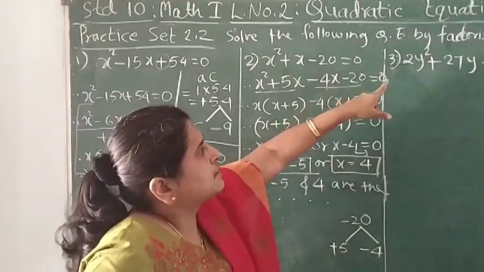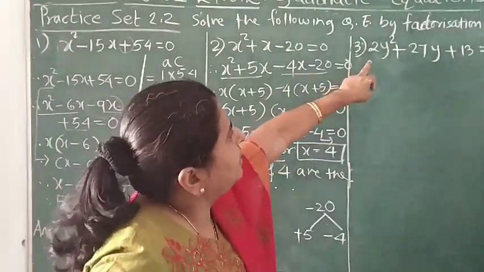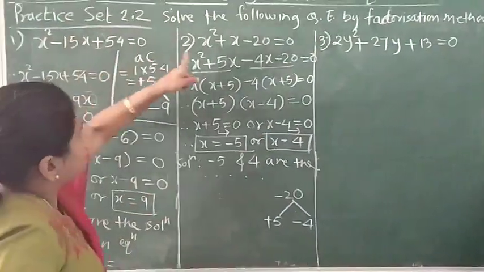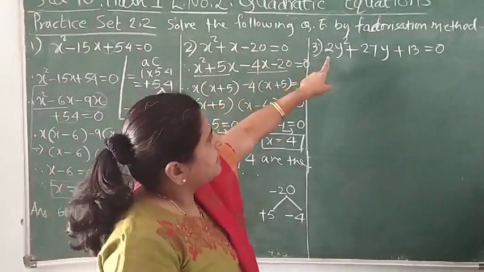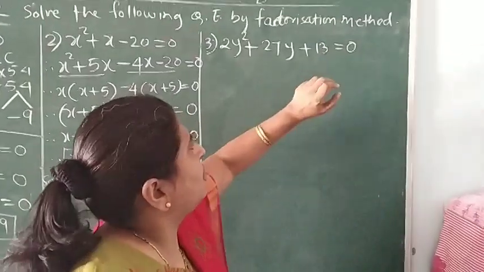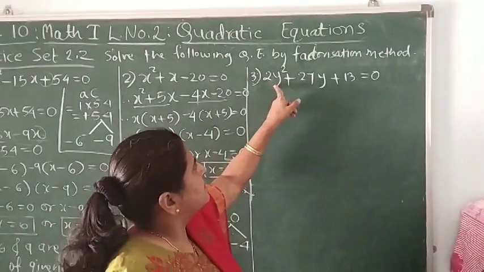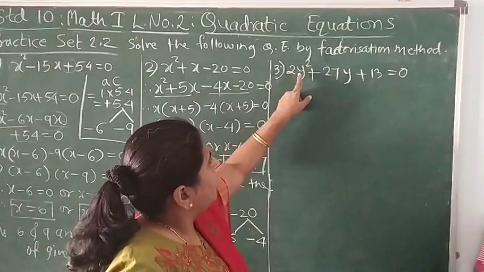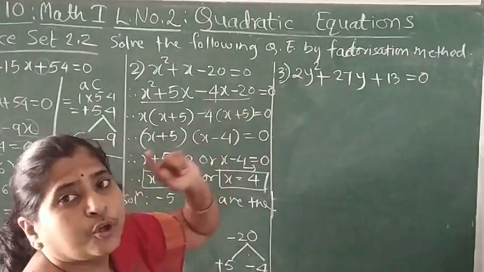Let's take this third sum now. Now here, what is the difference between first, second and third? If you observe this given equation, it is 2y square plus 27y plus 13 is equal to 0. This quadratic equation is in variable y, but the value of a is 2. It is not 1.